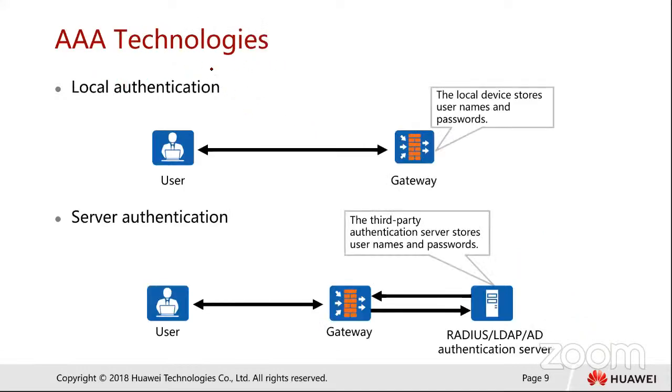So the AAA technologies, we want to look at some of those technologies. We have three ways we can authenticate users. The first one, which is not listed here, is what you call no authentication. Just like the word says, no authentication means it is performed for trusted users. But in most cases, this type of authentication, even if you trust someone 1,000 times, is not recommended.